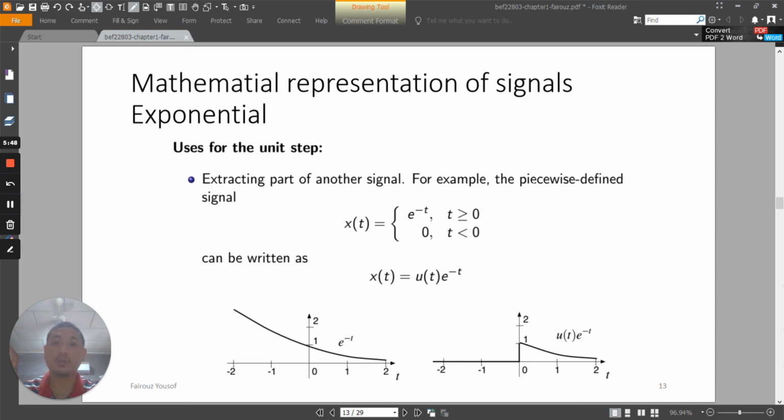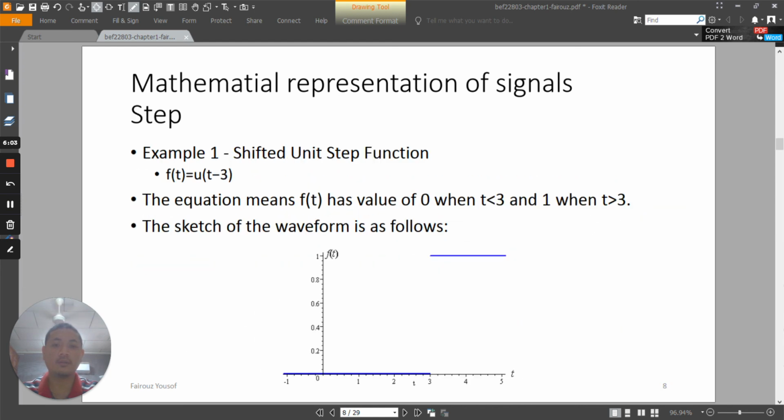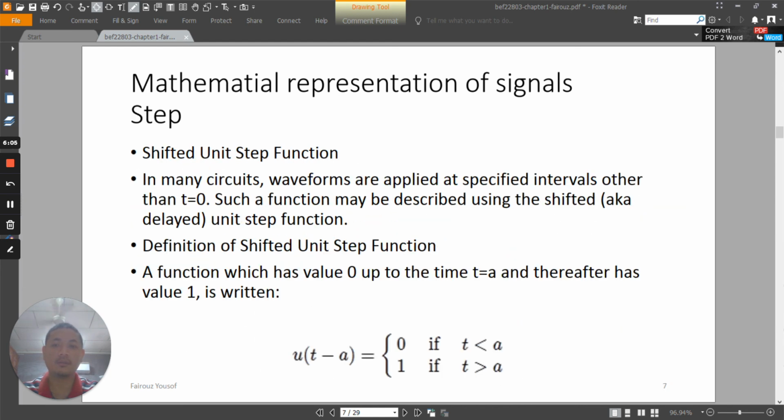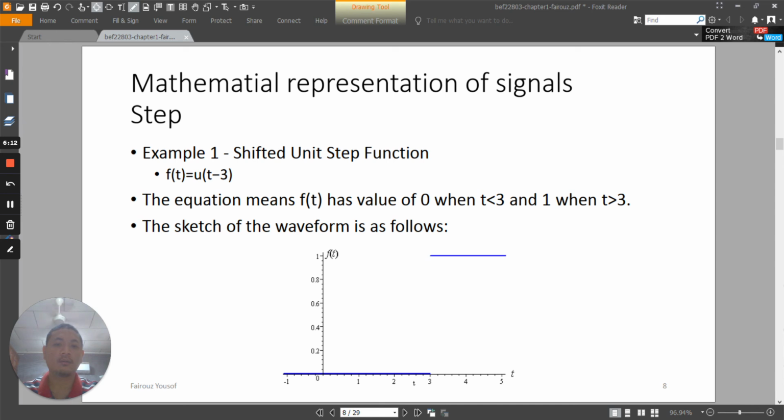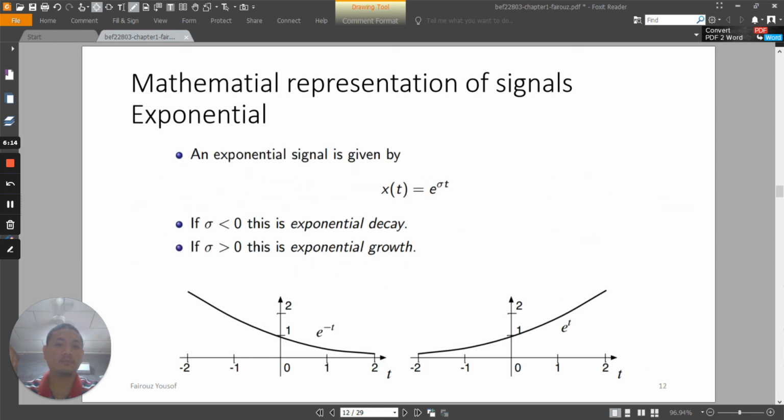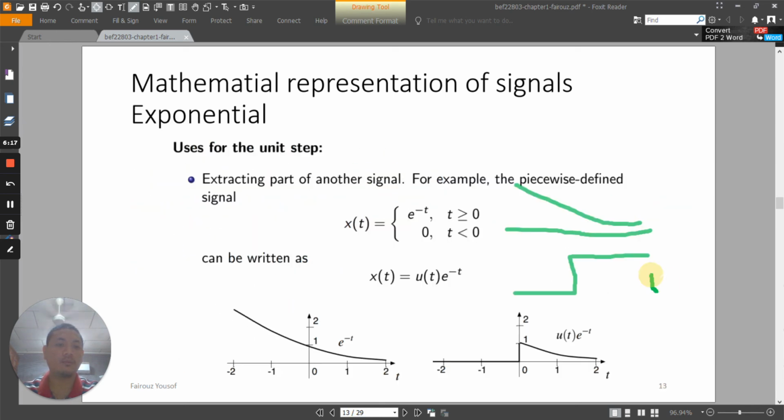So let me just quickly draw so you can see. This is the exponential decay, and this is the unit step, u(t).